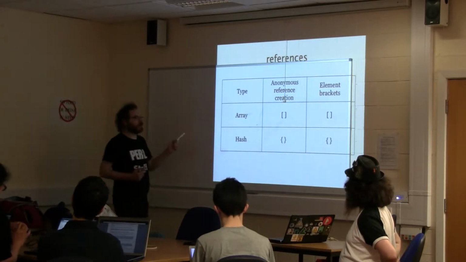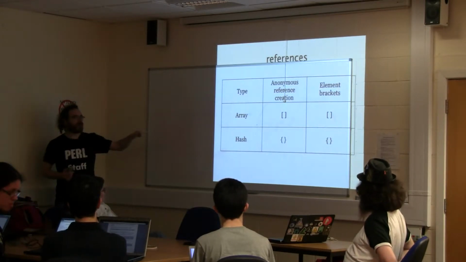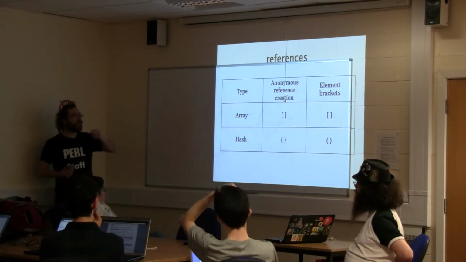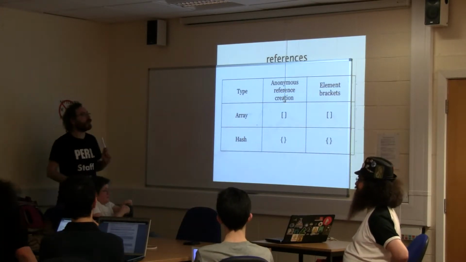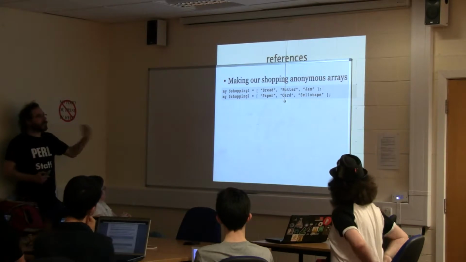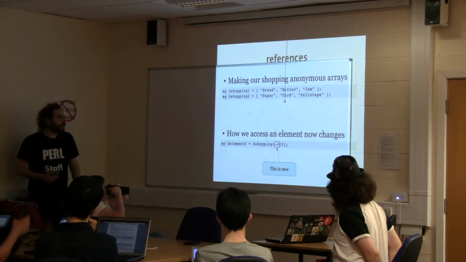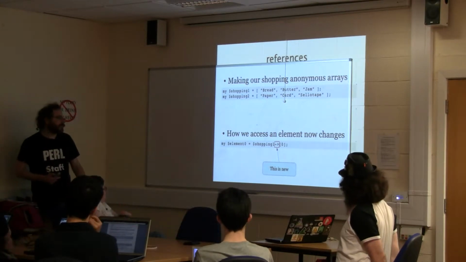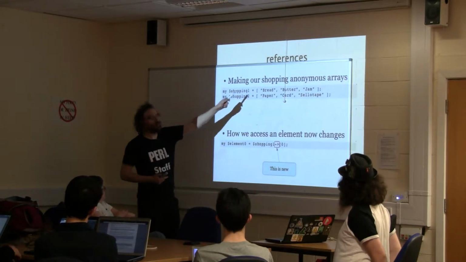So again, we're down to element brackets. This is for accessing an individual element. You're using square brackets or curly brackets to access the individual elements. Making our shopping anonymous arrays is dead easy. So shopping 1 is now an anonymous array.